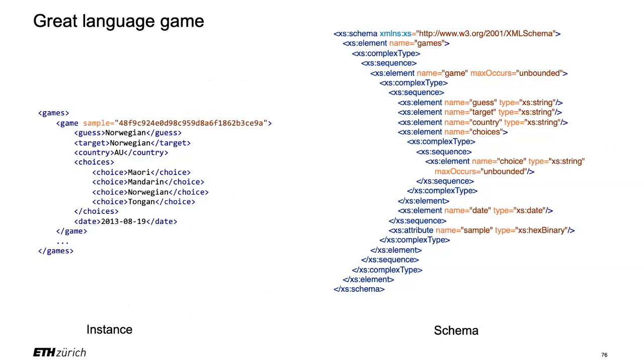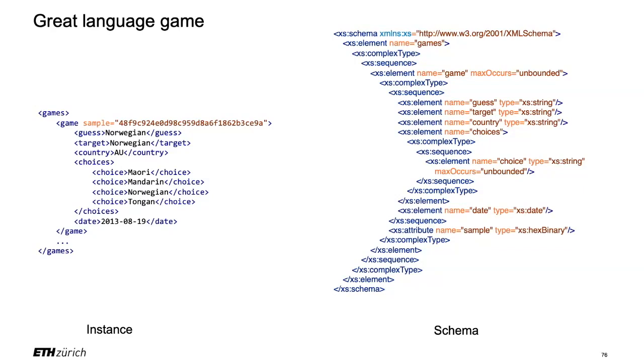That's an example. You remember the great language game I showed you in JSON earlier with an example with JSound. We can also convert it to XML. This is another instance of my great language game. There's 16 million of them in the data set. I don't know if I already explained the structure, so I think I did. Here, it means that somebody played that game.